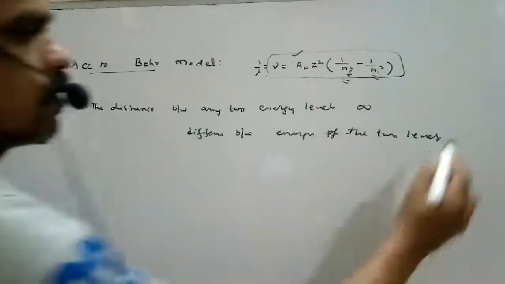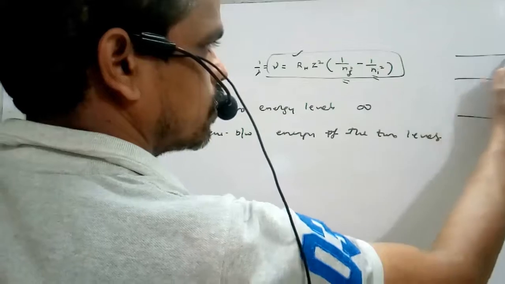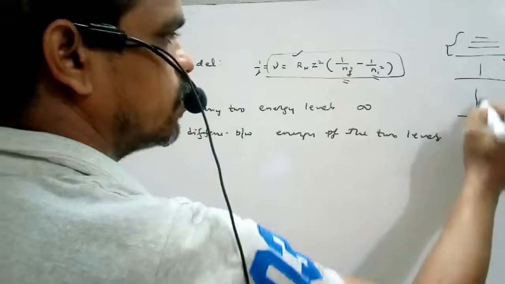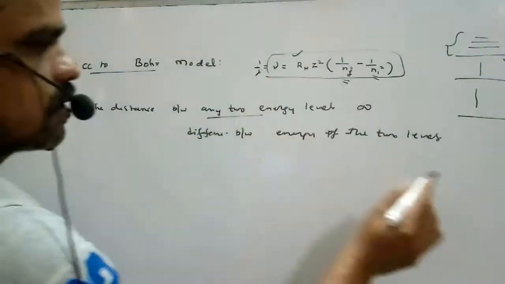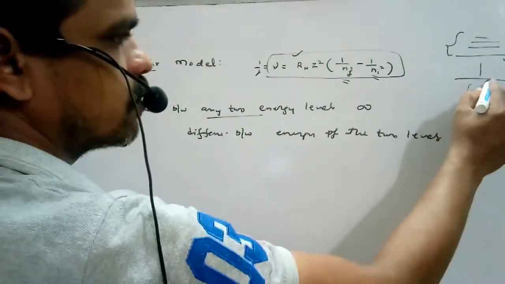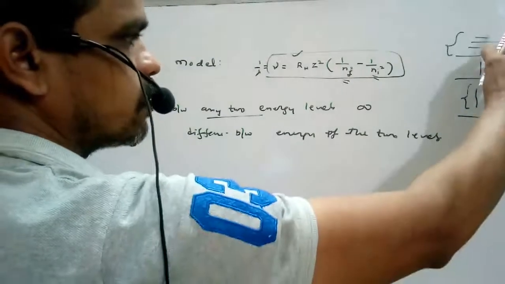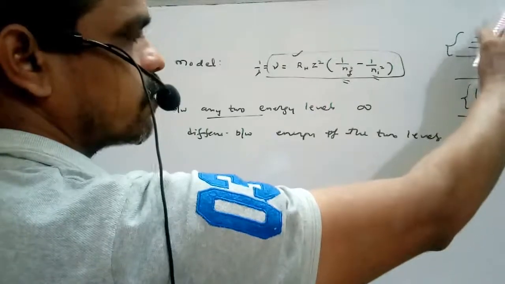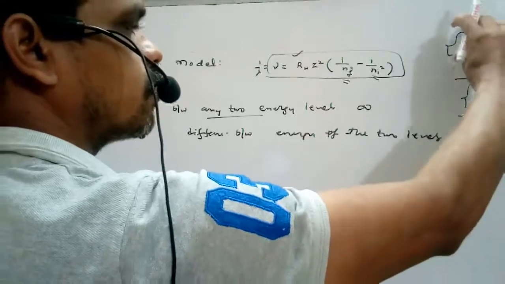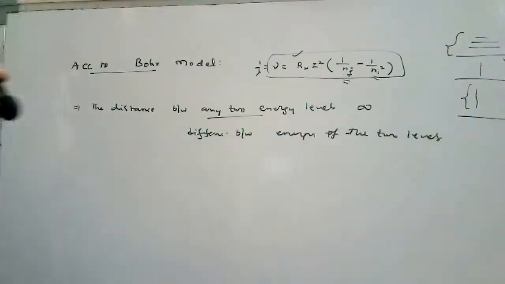See here, initially we wrote n equal to 1, so there is some gap, n equal to 3, then comes crowded here, so there is a gap. That means the distance between any two energy levels is proportional to the difference of energy of the levels. If the difference of energy from n equal to 1 to n equal to 2 is more, the gap is more, the distance is more. If it is very less, the difference of energy of these levels is also very less. So they are crowded nearly. So there is not that much distance between different levels. So this is the first point.